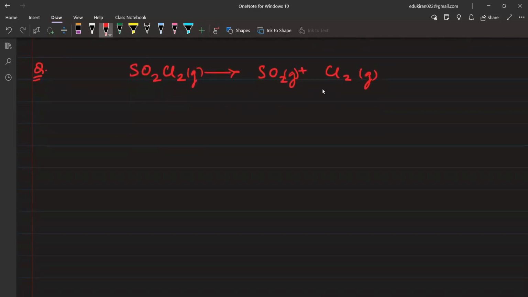So they will say that initially the pressure was found to be 0.5 atm.